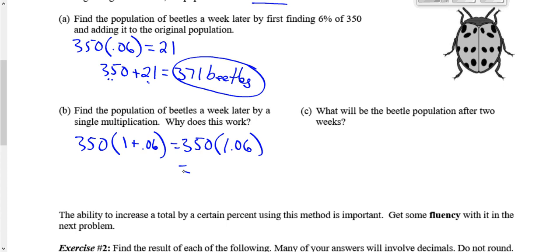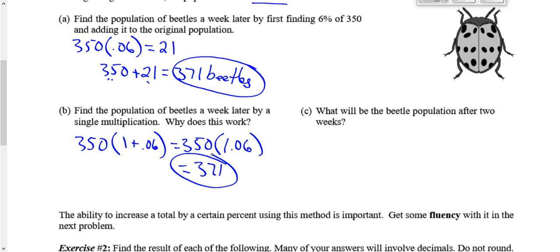Tell me what you get. 371, right? Same answer, right? But this way, we combined both of those steps into one. Here's one of the 350s right here. 350 times 1 is 350 plus 6% of the 350. It's all wrapped up in the one thing. Do you get that? Okay.